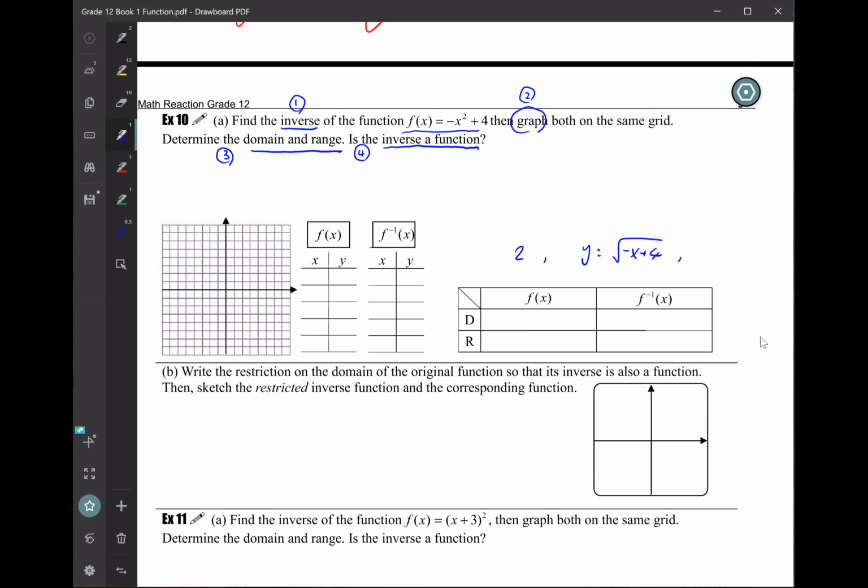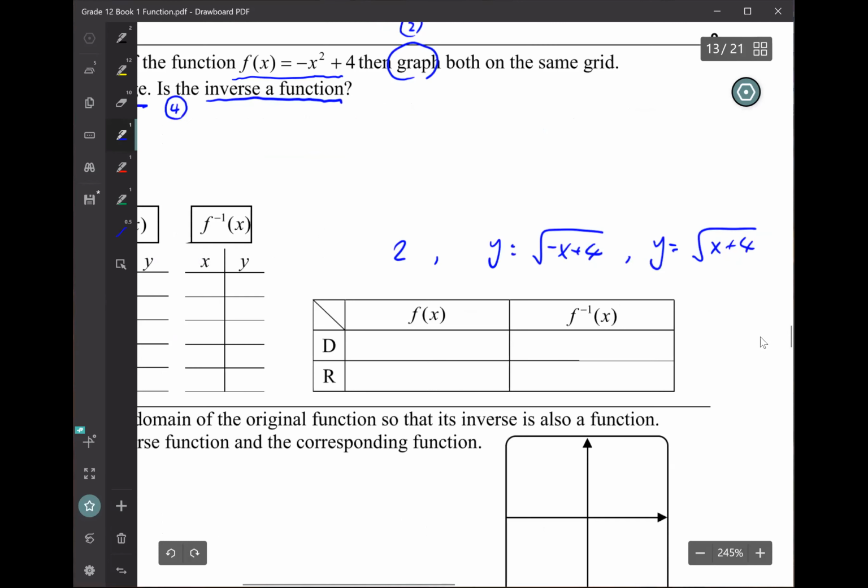Donna, how about you? The same as Ray. Okay, Trudy? Wait, no. y equals root x plus 4, so no negative. Okay. How about you, Trudy? I got the negative, I mean times the negative x plus 4 square root thing.